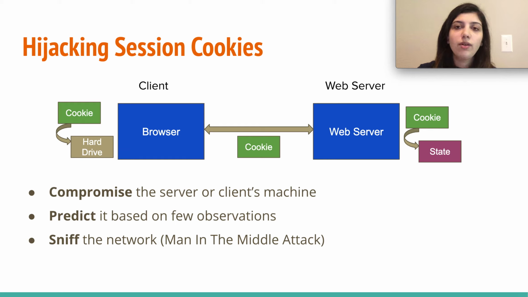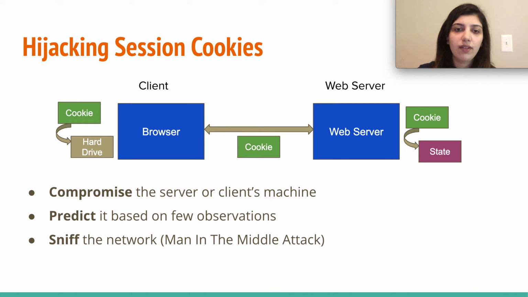Also, if the algorithm that the server is using for generating the cookies is weak and simple, the attacker can predict it based on a few observations. And finally, if the attacker who is sniffing a network captures an HTTP packet that is not encrypted, he or she can retrieve this cookie and log into the website with the victim's privileges.